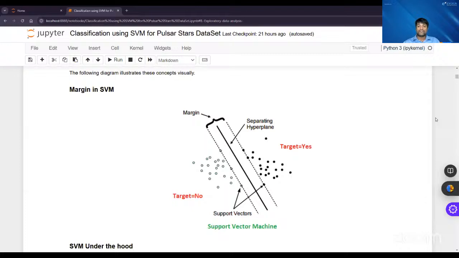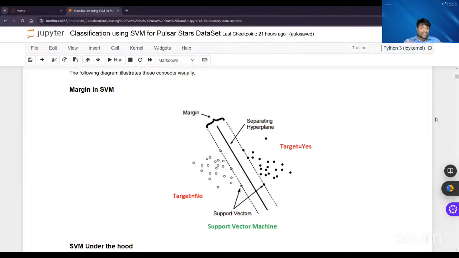They are supposed to come only near that margin, and the hyperplane will be in the middle of the margins on both sides. Something that comes between the margin and the hyperplane is called a misclassification. We are not able to 100% predict which category to give that data point. That is the reason we have built that margin when we build a hyperplane.